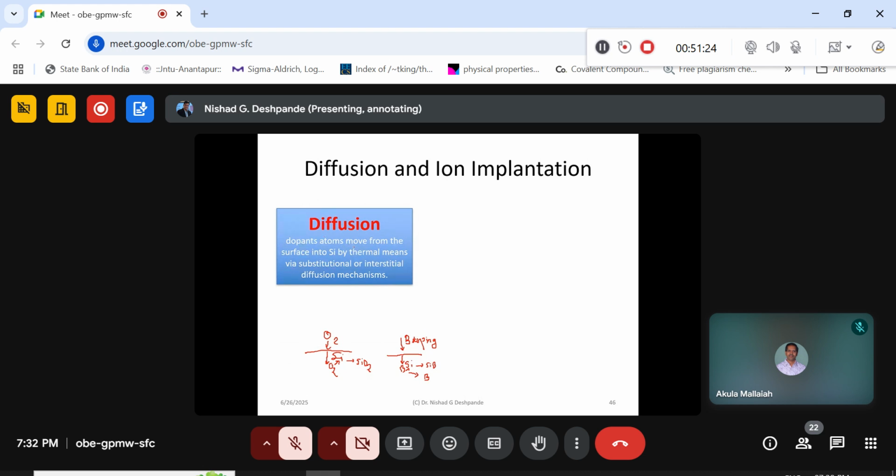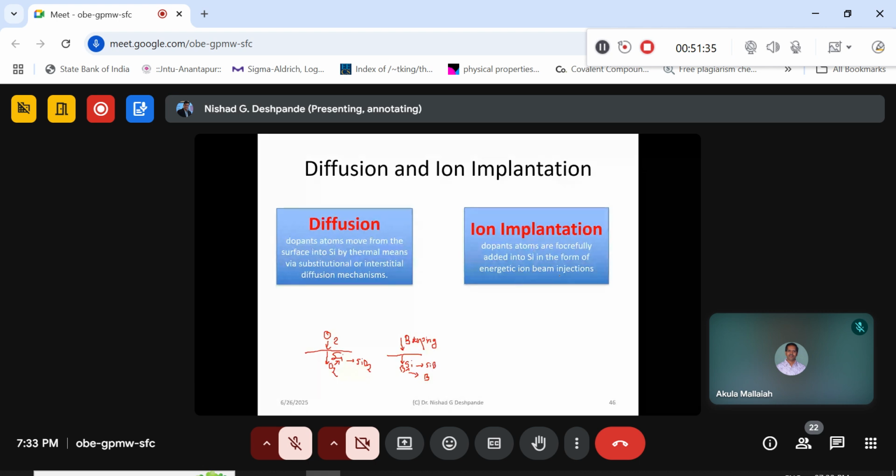Or else I have this other process, which is called the ion implantation process, wherein you have energetic ion beams that are injected. You can have different kinds of ions. Just for an example, some gold. You can also have some silver.